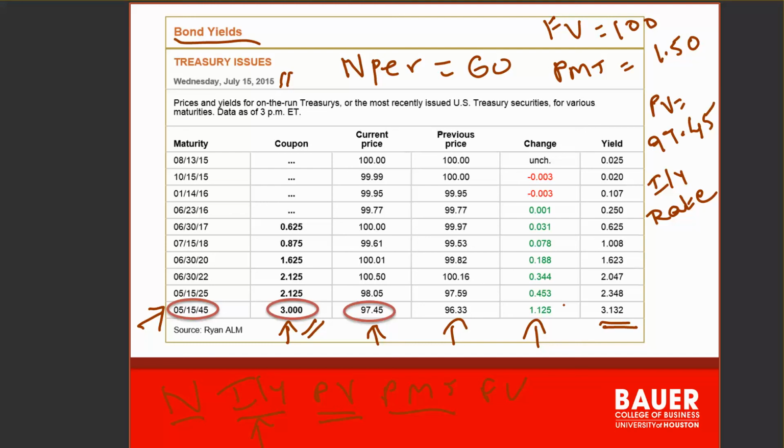Okay? So again, two things we've learned with bonds. We've learned to calculate the price or the present value given the number of time periods, the future value, the payments, and the interest rate, or we can calculate the interest rate given everything else. That's the end of the third module on bond valuation.